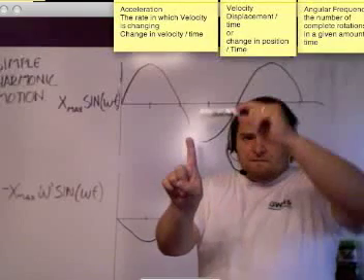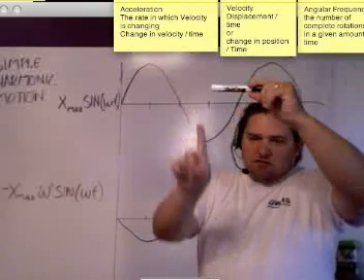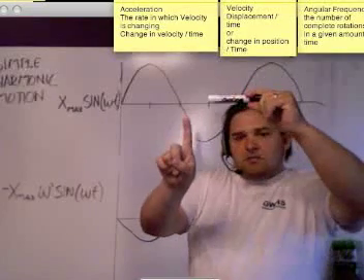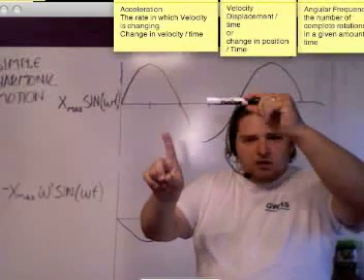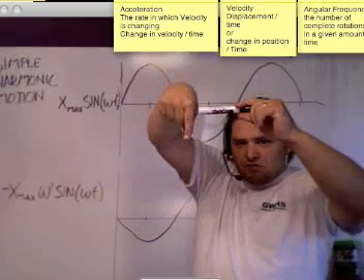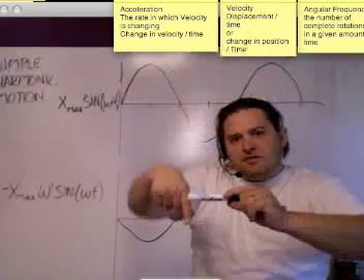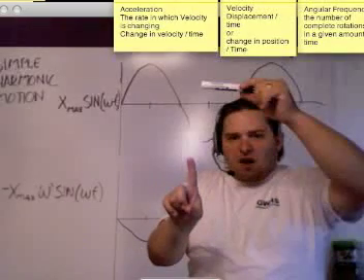So as it goes up, its position is positive. But it's achieved its maximum negative acceleration, which would be its minimum acceleration, down. So there's an acceleration down on the object when the position is up.